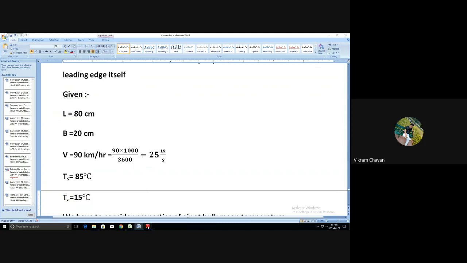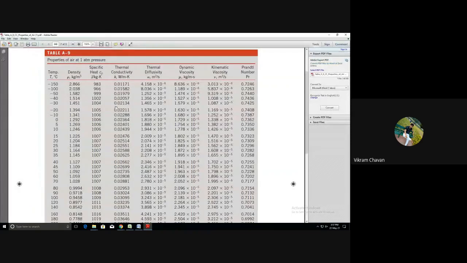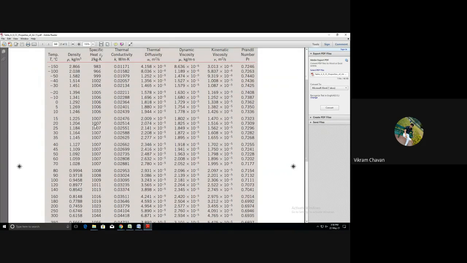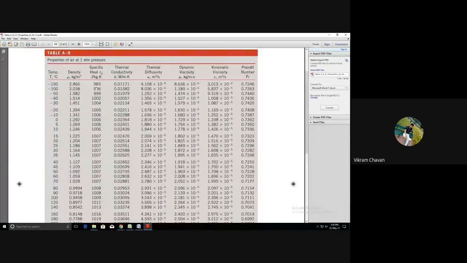For that reason, a table is required, the property table of air at atmospheric pressure. If you search directly on Google, you'll get this particular table. Just search properties of air at atmospheric pressure, or property table of air at 1 atm pressure. So by using this table, we'll get different properties.